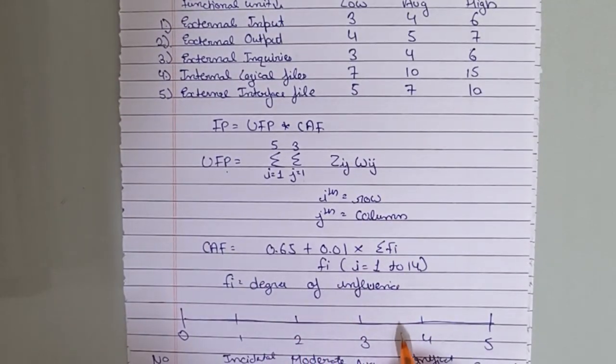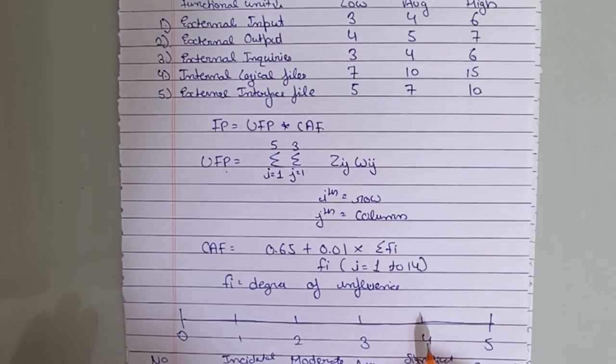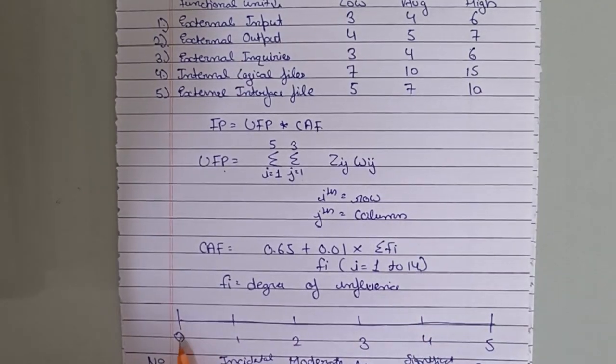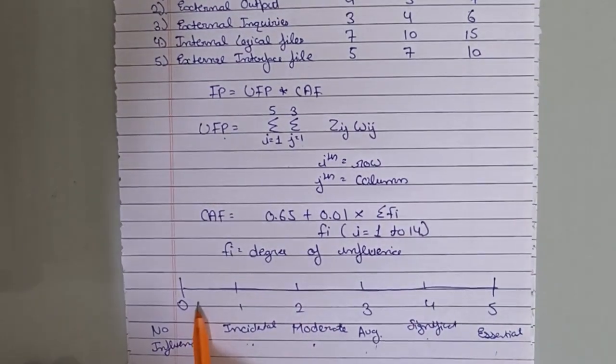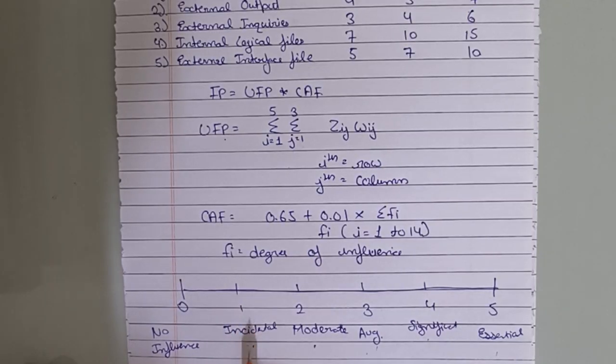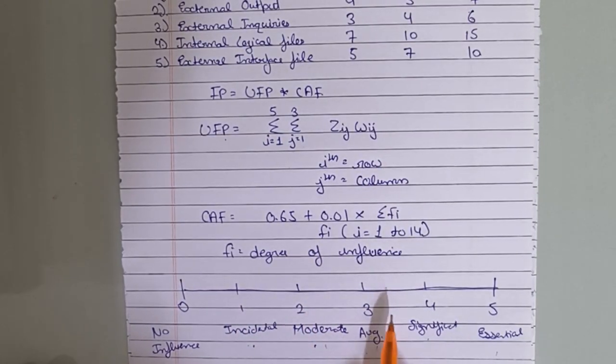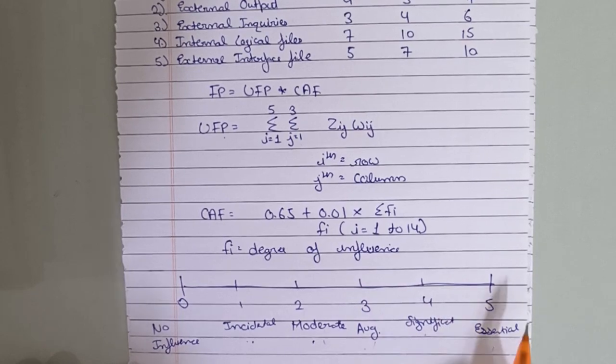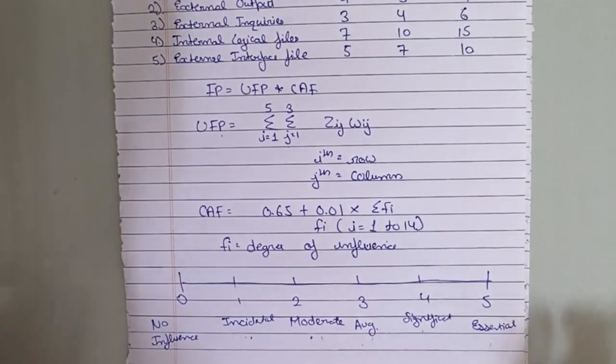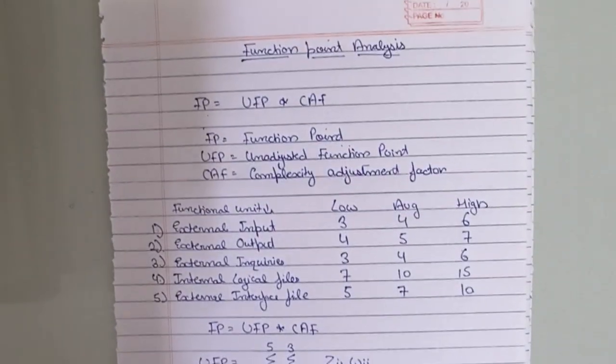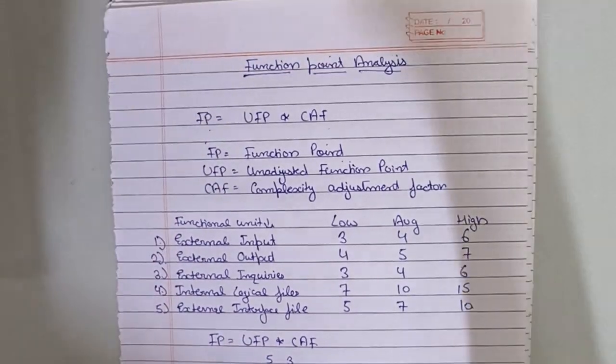Fi, degree of influence, which is based on the responses to rate the factor 0 to 5. At 0 no influence, at 1 incidental, at 2 moderate, at 3 average, at 4 significant, at 5 essential. This is the scale. So further, let's solve some examples.